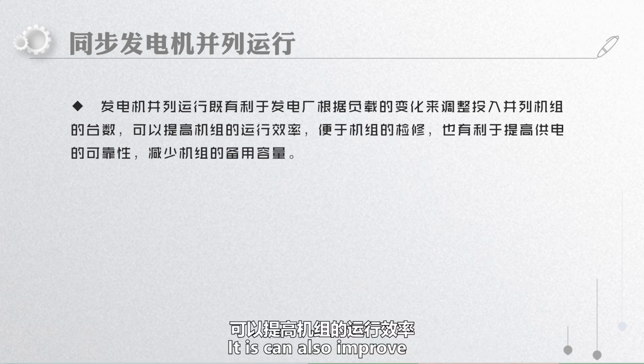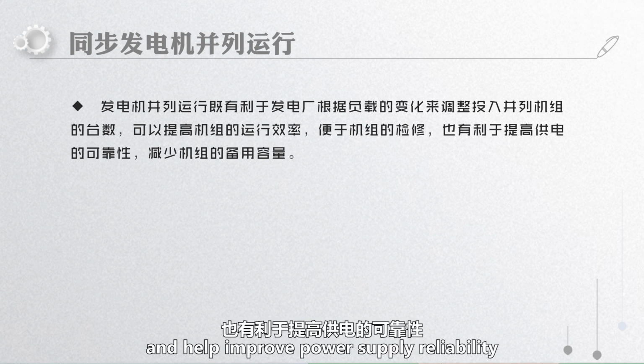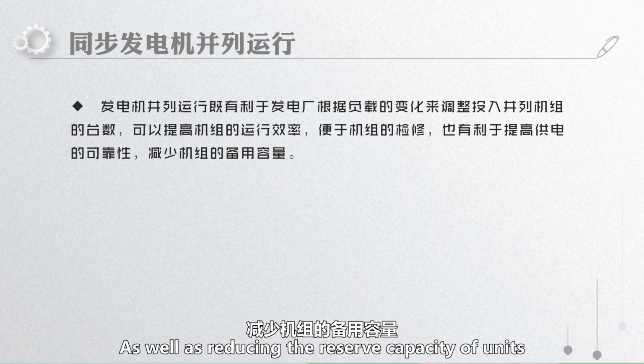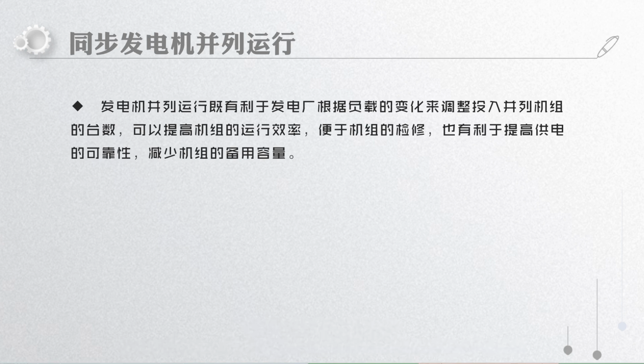It can also improve the operating efficiency of units, facilitate maintenance, help improve power supply reliability, and reduce the reserve capacity of units.